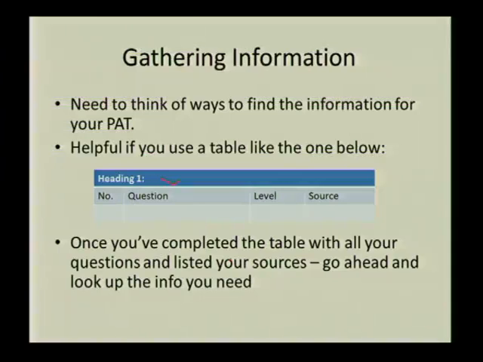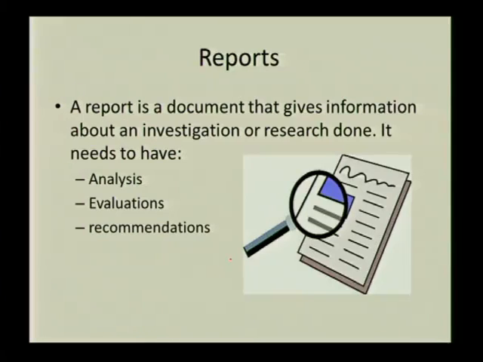You can go and gather your information via your questionnaires. You can do your interviews, and you can put it all together into one document. Okay, now once you've gathered your information and you have sifted through the information that you need and you don't need, you're going to use your report to analyze, evaluate, and make recommendations.